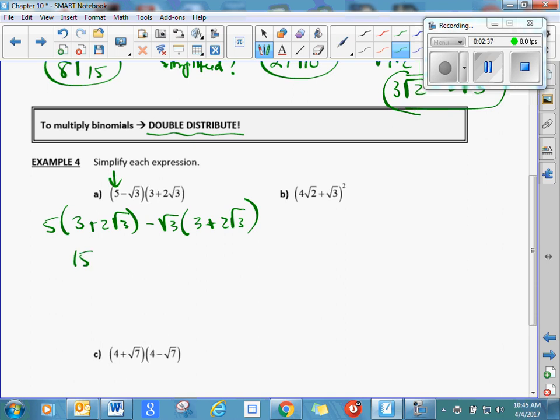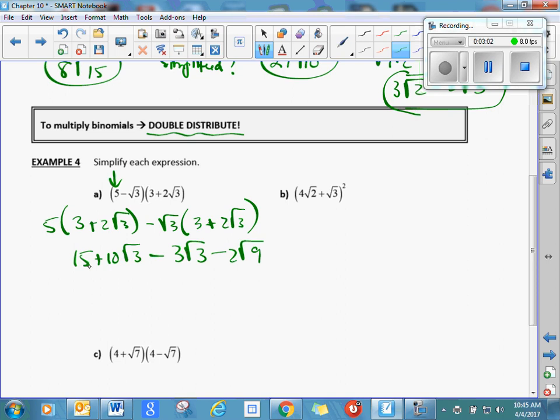We're going to get 15 plus 10 radical 3. Remember, this guy only multiplies to the factor that's on the outside of the radical sign, not to the 3 that's on the inside. So this becomes 3 radical 3, distribute, and that becomes 2 radical 9. Inside times inside, and the 2 stays on the outside.